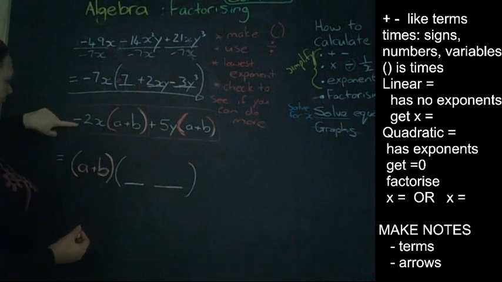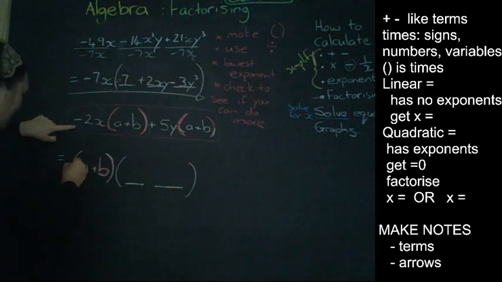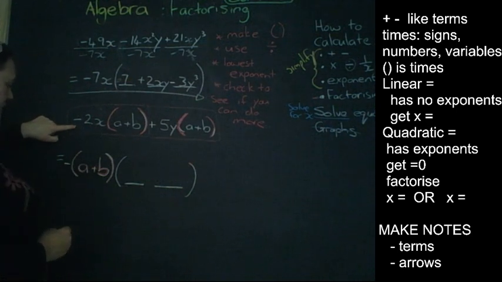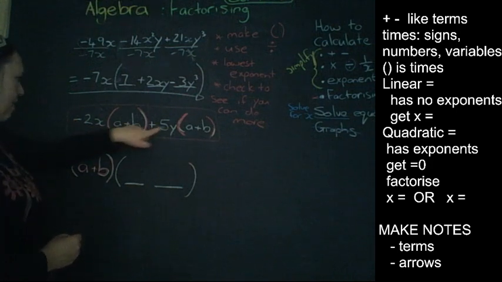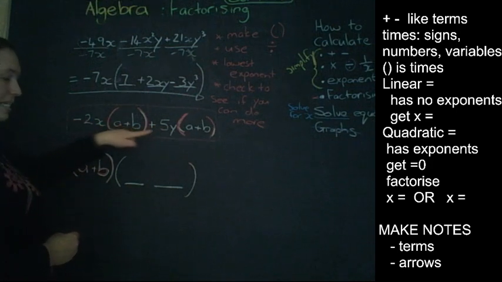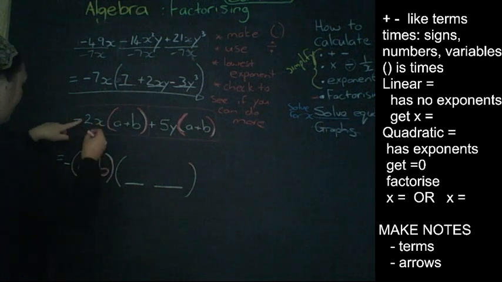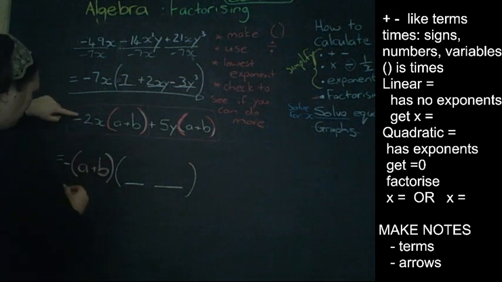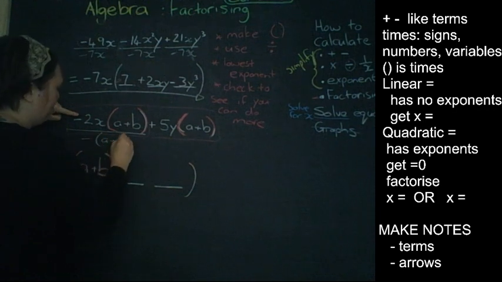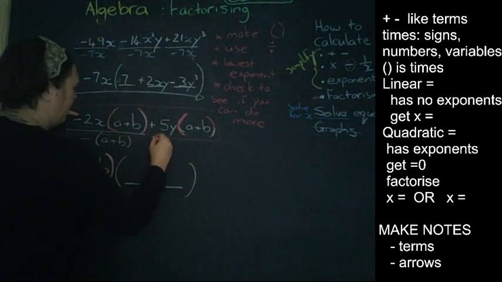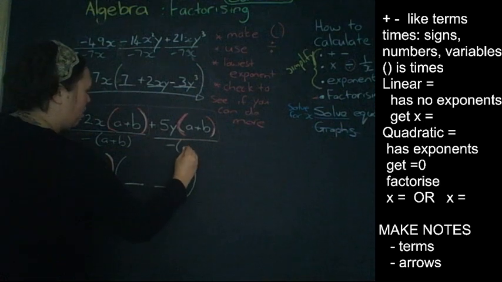Whenever we've got a minus at the front, we also have to take out a minus. So now I'm taking out the minus and I'm taking out the bracket because that's the thing that's the same. Okay, so we take each term and divide it by our common factor, and divide by our common factor.